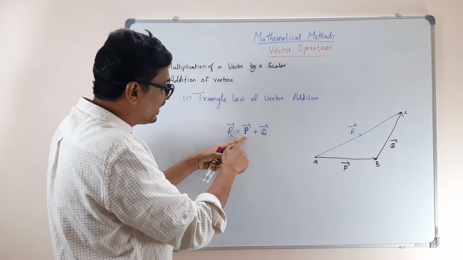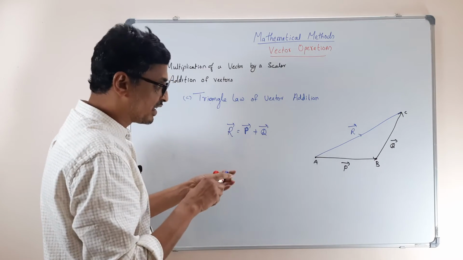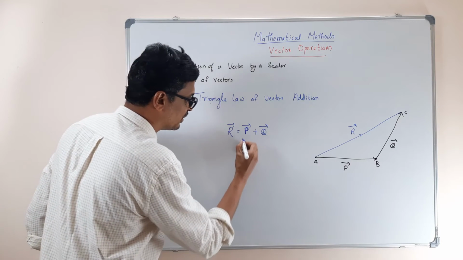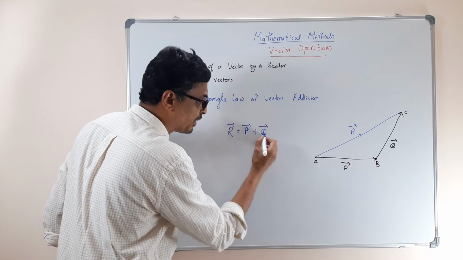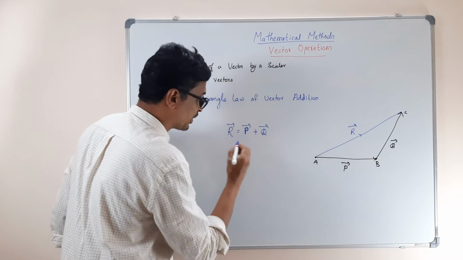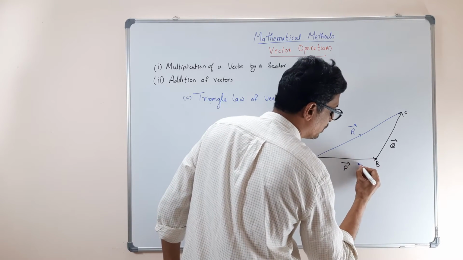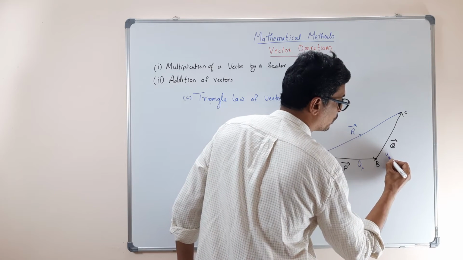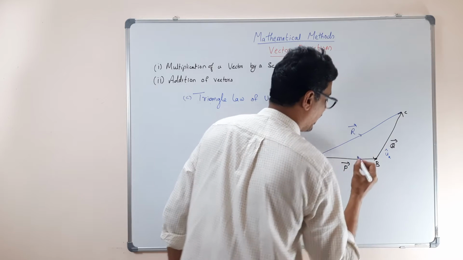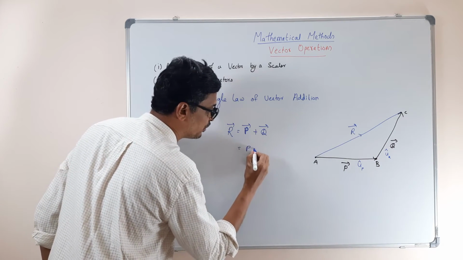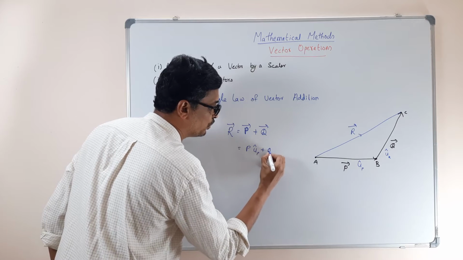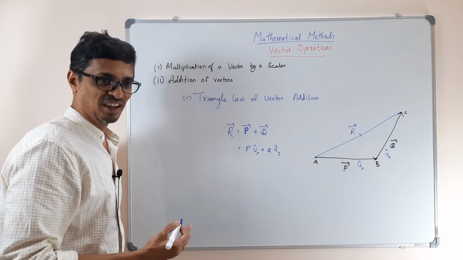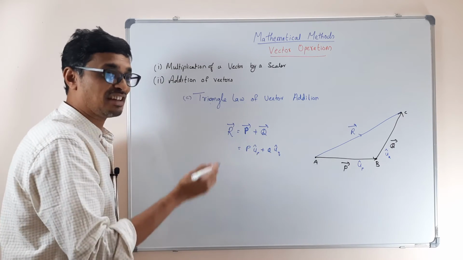Remember that you cannot combine them as in the parallel case, because suppose this is the UP direction unit vector and this is UQ, then this will be P UP plus Q UQ. You can't add them both, because these are two different directions.